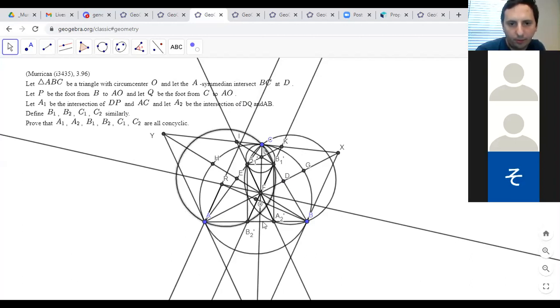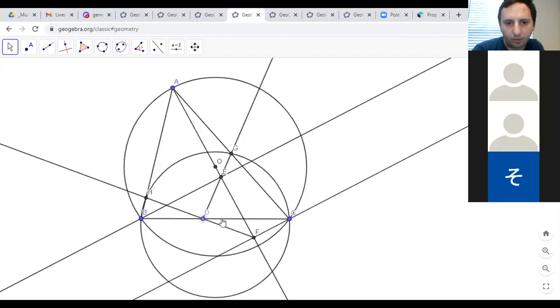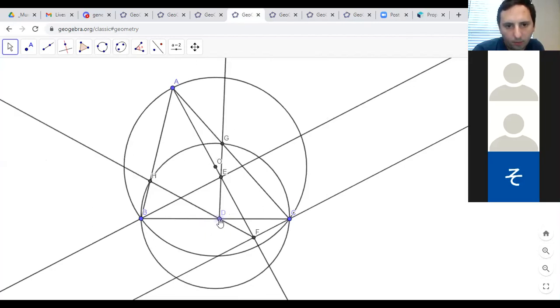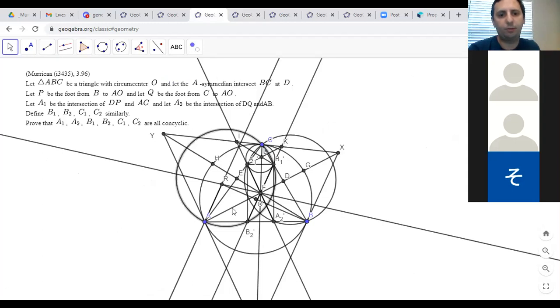But if we know this is cyclic, then does that mean, yeah, I'm trying to think. It's an interesting lemma though. Yeah, so we redefined a bunch of stuff, but maybe it's best to just start over and draw the diagram the way it used to be.